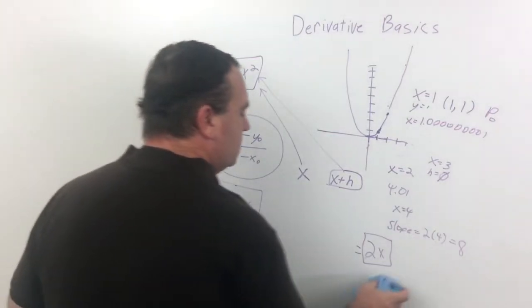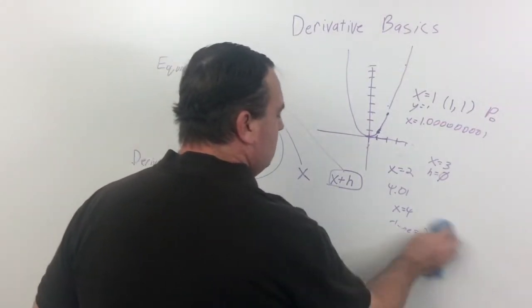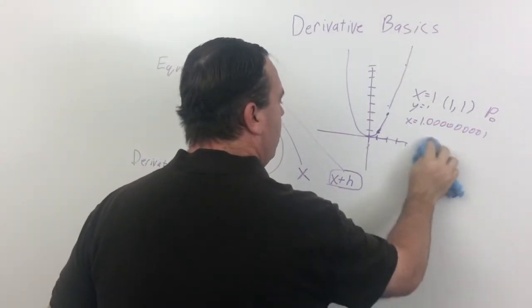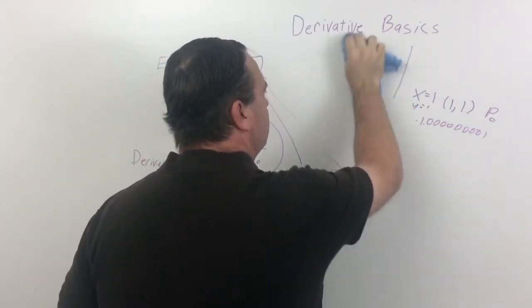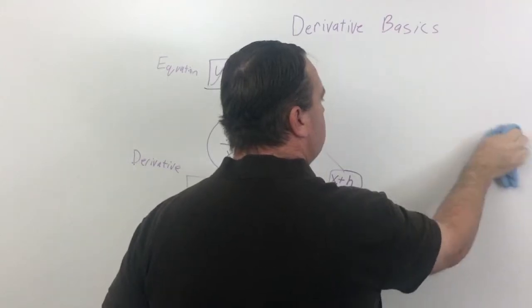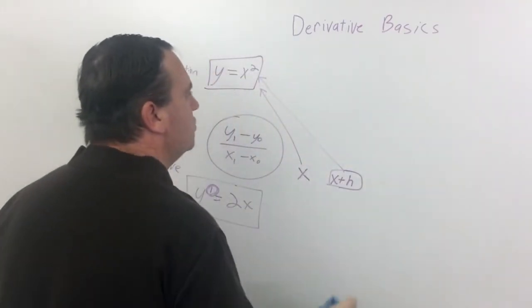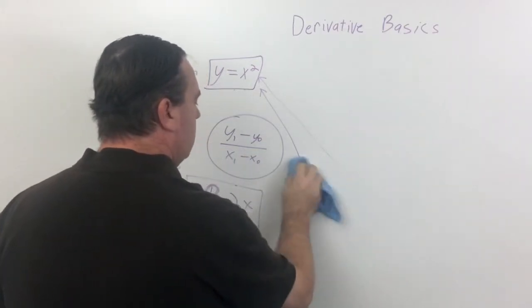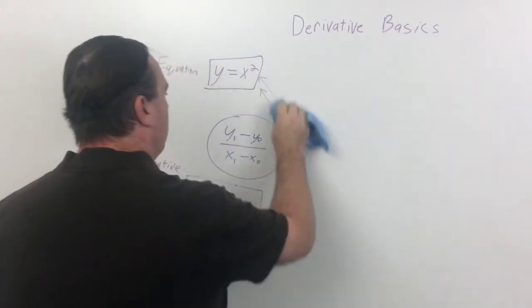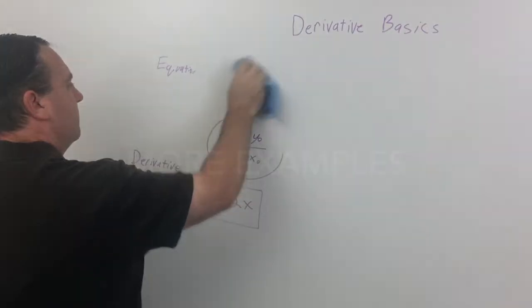We can do this same process for any equation that we want. We don't need the graph. The graph was just there to help us think about things. All we need is the equation, and we can generate an equation for the derivative.